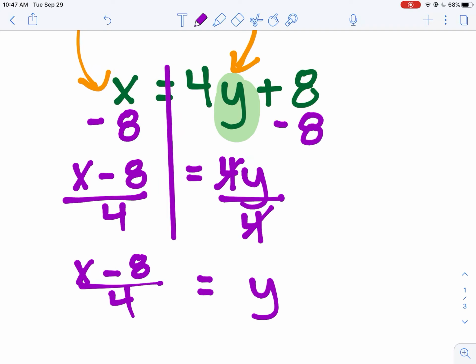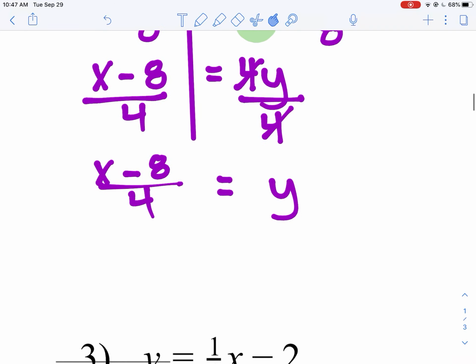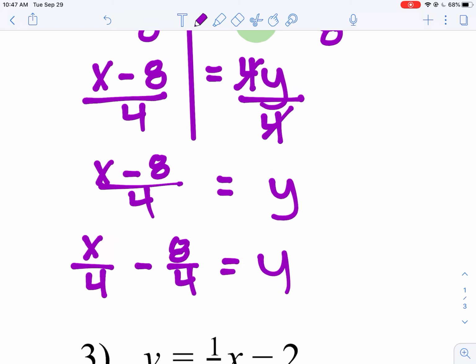I'm going to take this one step further. I'm going to use the distributive property. I can use that not only for multiplication, I can use that for division as well. So since I'm dividing the whole thing of x minus 8 by 4, I'm just going to split it up. So I'm going to do x divided by 4 minus 8 divided by 4 equals y.